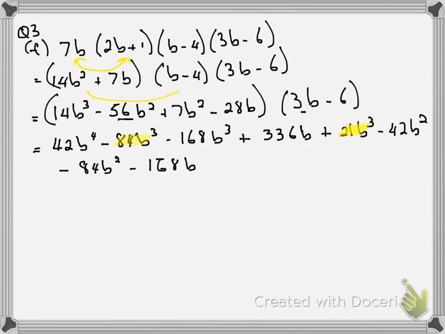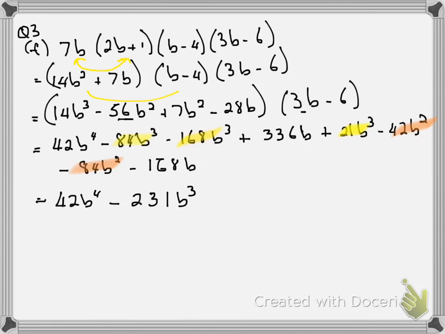Okay, let's see. That one and that one. If I haven't made a mistake, this one as well. Now, before I go any further, I'm just going to do some checking. That gives me b to the fourth, those two b to the fourth, b cubed. So let's just have a look what we're left with. 42b to the fourth, minus 84 minus 168 plus 21, that's going to give me 231b cubed.